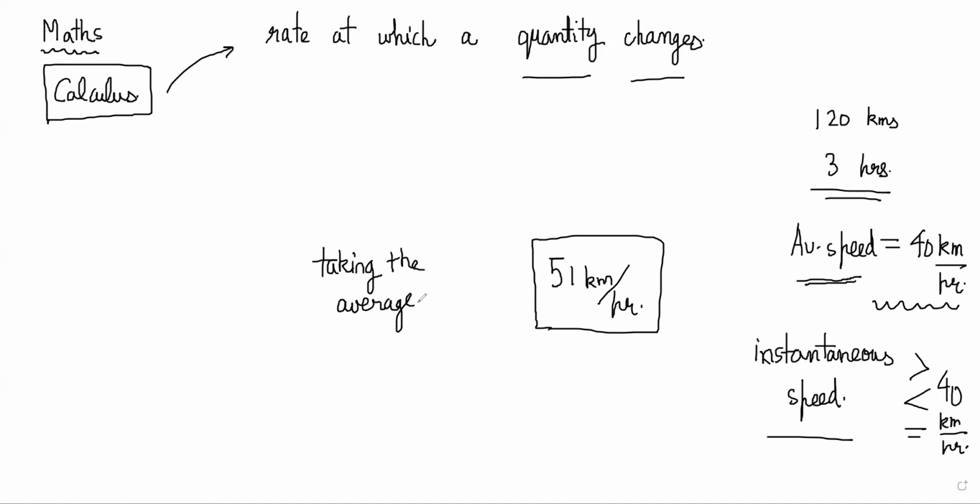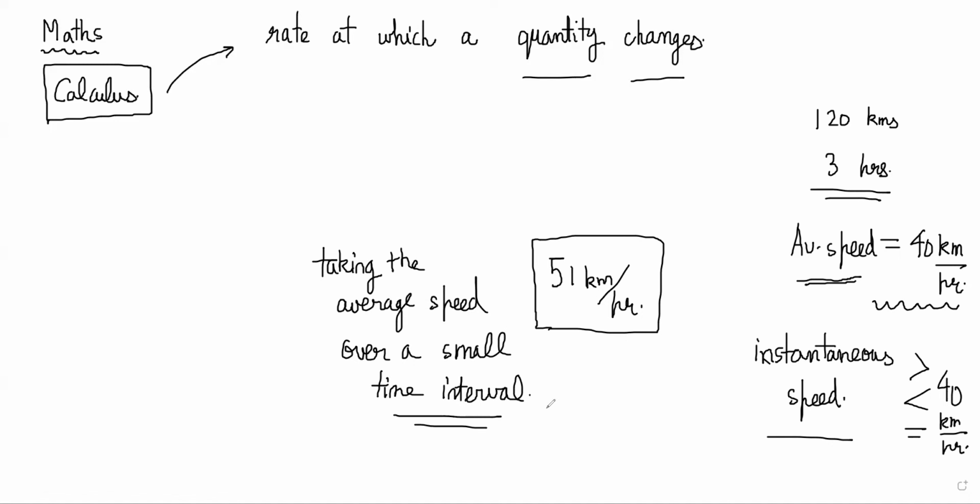speed over a small time interval. By a small time interval, it might be like half a second or whatever, right? It might be 1 second or half a second or 0.1 seconds, something like that. So what do I mean by that?